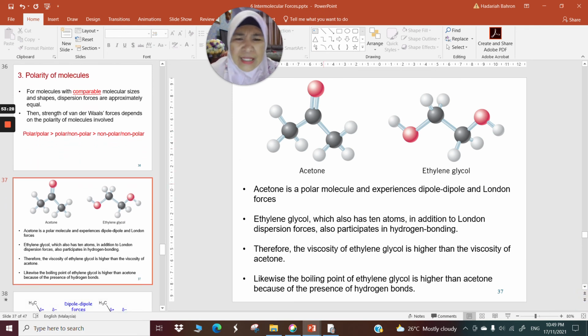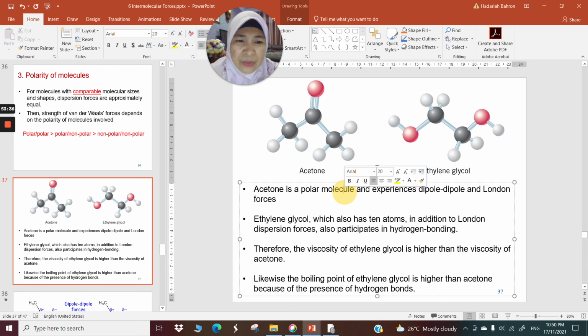So when you look at acetone and ethylene glycol that has this structure, acetone is a polar molecule and experiences dipole-dipole and London forces. Ethylene glycol, which also has 10 atoms, in addition to the London force, also has hydrogen bonding.